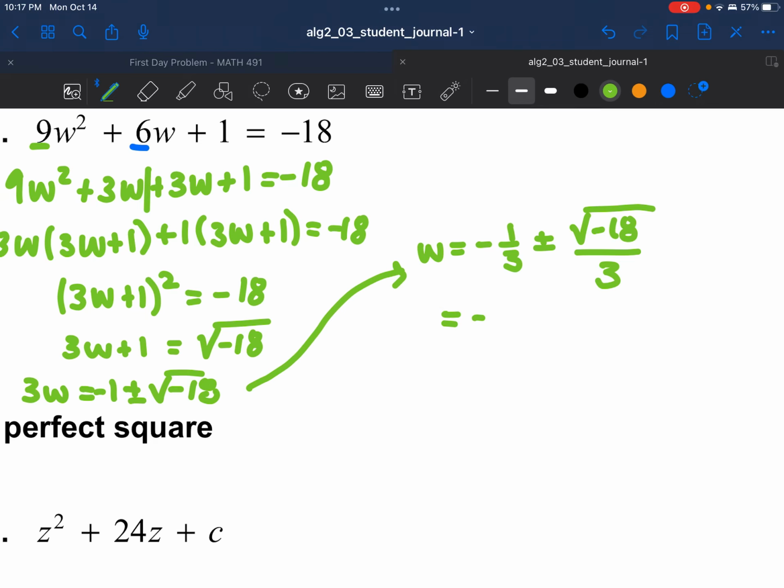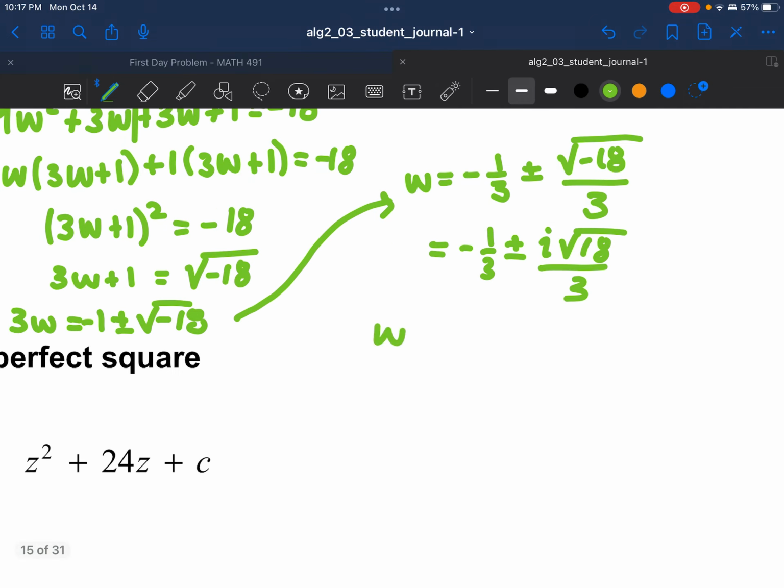I know that I can take an i out, so this will be negative 1/3 plus or minus i root 18 over 3, and then the square root of 18 is going to be, I want to say 3.